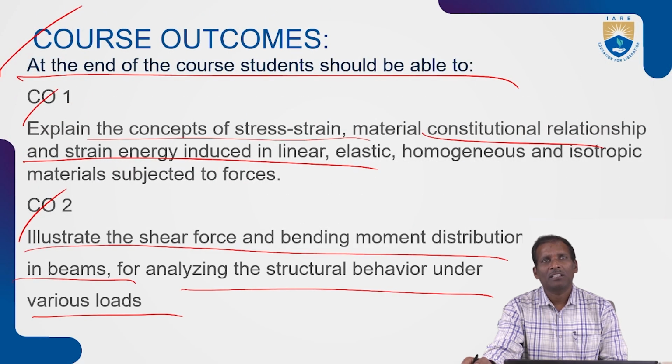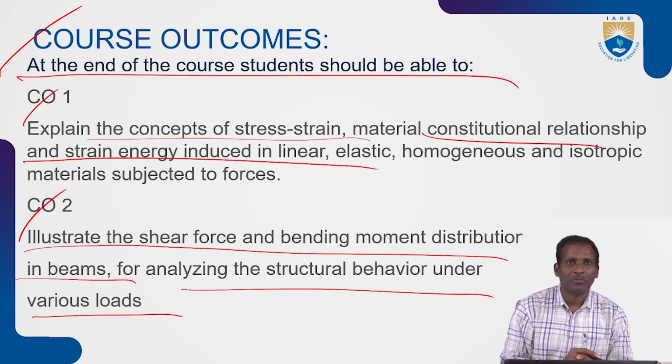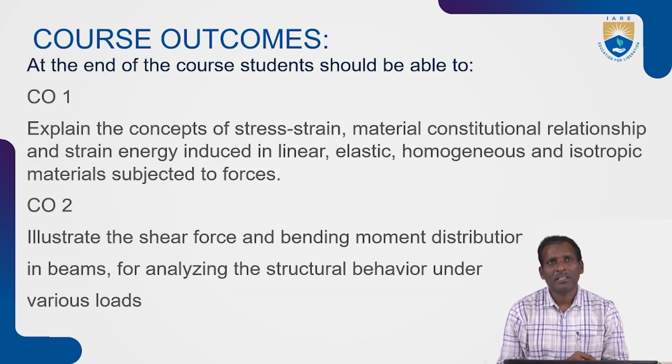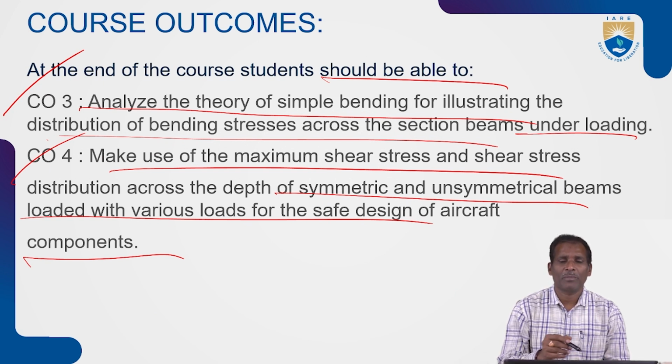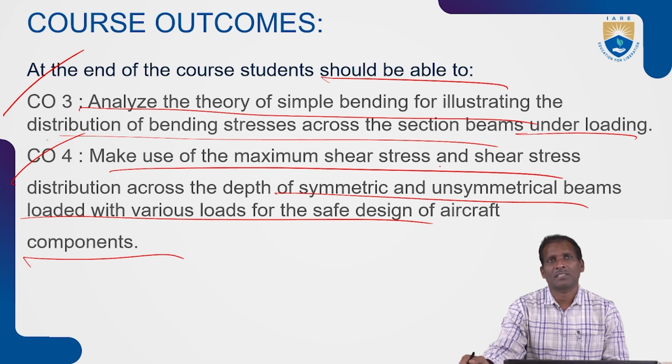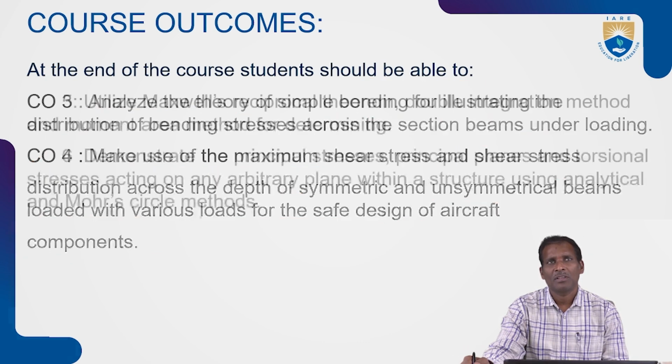CO1, explain the concepts of stress, strain and material constitutive relationships. CO2 is the illustration of shear force and bending moment. CO3 is to analyze the theory of simple pure bending for illustrating the distribution of bending stresses. CO4, make use of maximum shear stress and shear stress distribution across the depth of symmetrical and unsymmetrical beams.